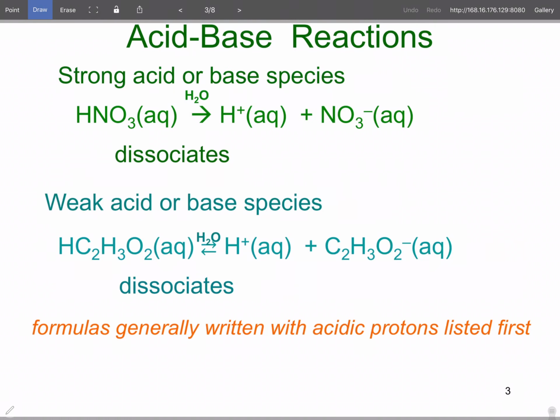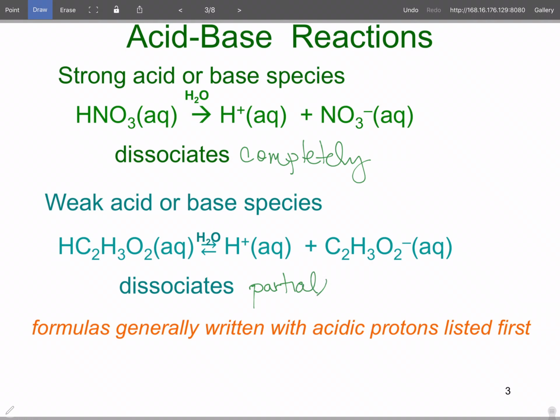One of the reactions that we've talked about back and forth is a strong acid or base species. And strong acids dissociate completely. We gave you the list of them. And the definition of a strong is it dissociates completely. Weak acids and weak bases dissociate partially.